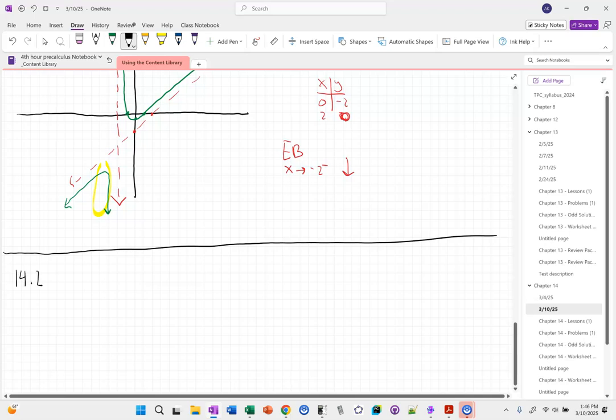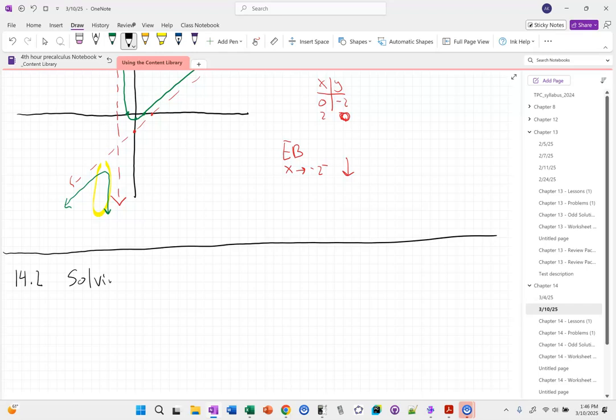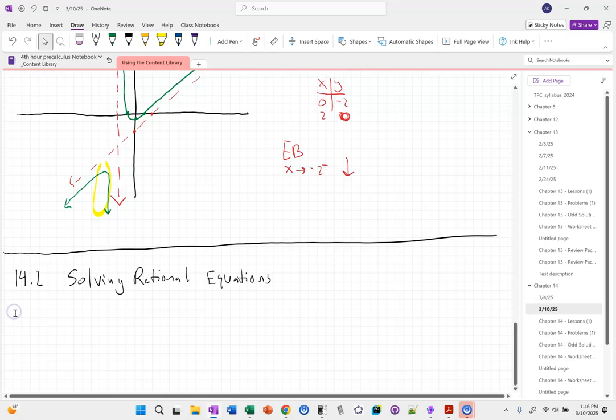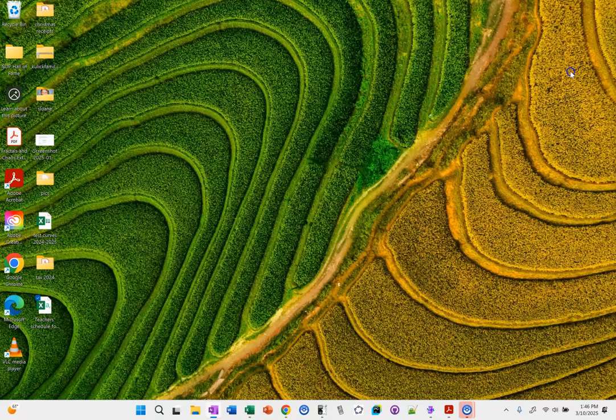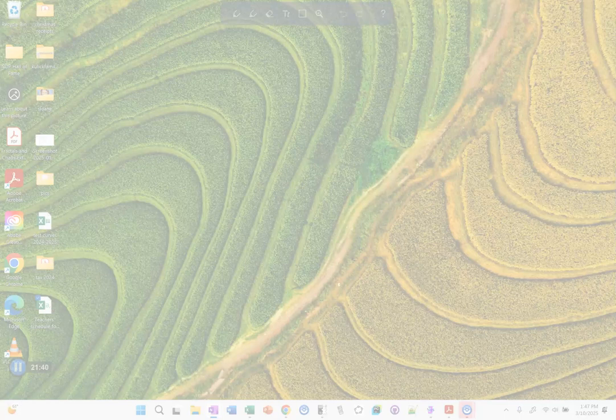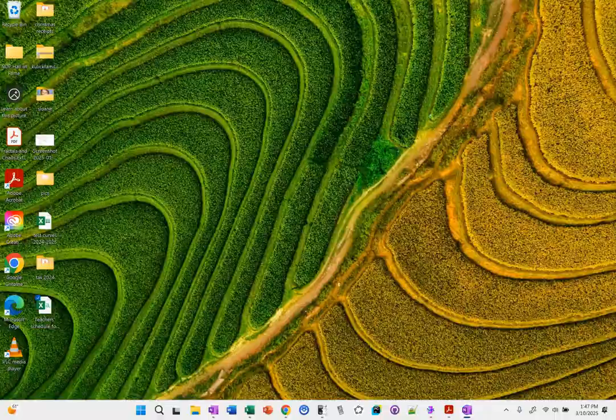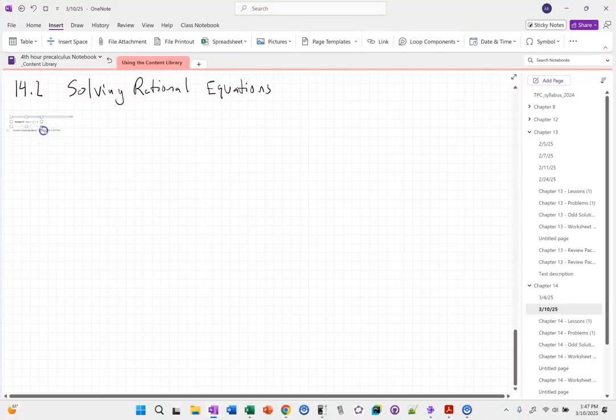So on to 14.2. Talk about solving rational equations. And we're just going to look at examples here and just talk about one technique to use. There's lots of different ways you could do this. I'm only going to teach you one technique because it works in every single situation and it's never going to be really inefficient.